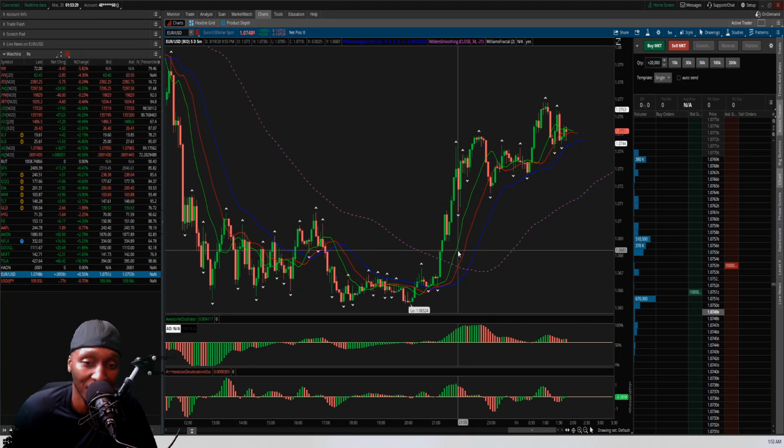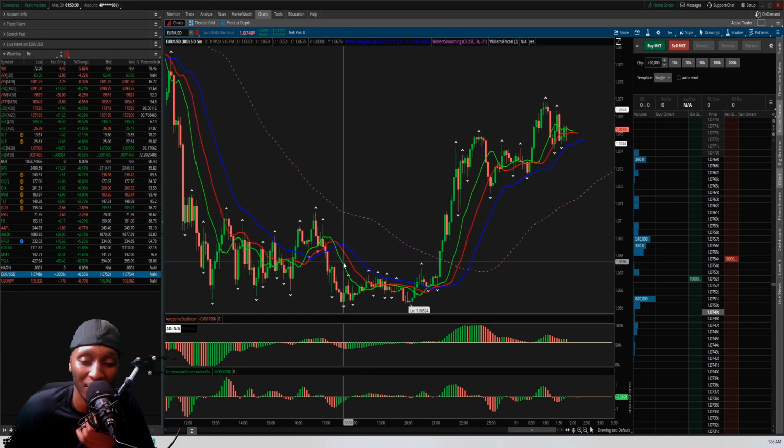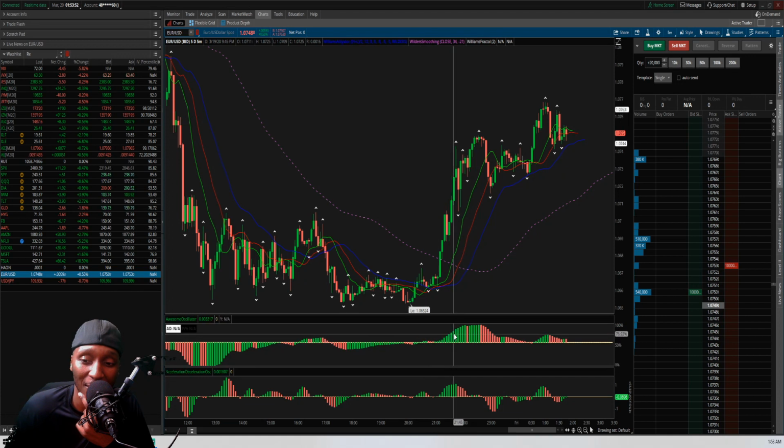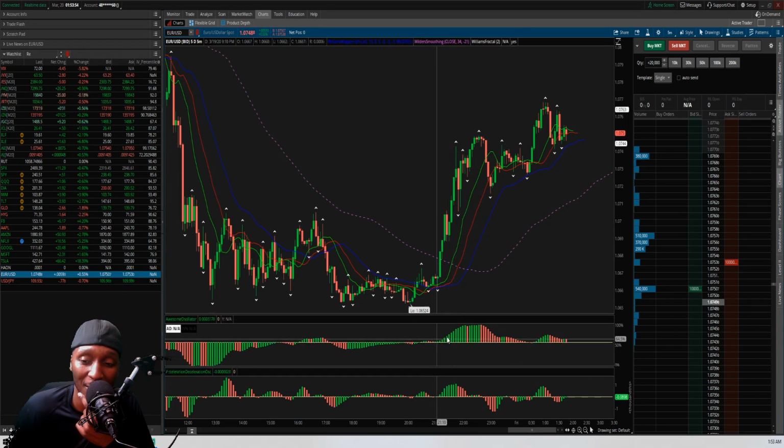alligator. I think this was created by Larry Williams. It's basically three moving averages that he displaced. When the price action crosses over these moving averages, it should coincide with this oscillator, which is the awesome oscillator.